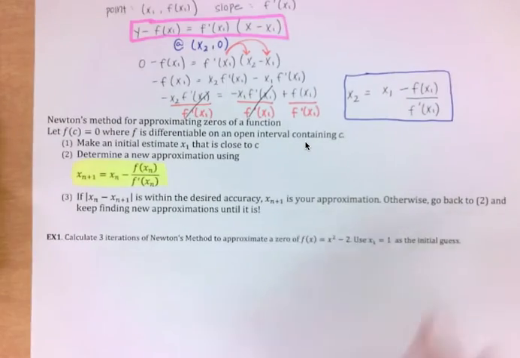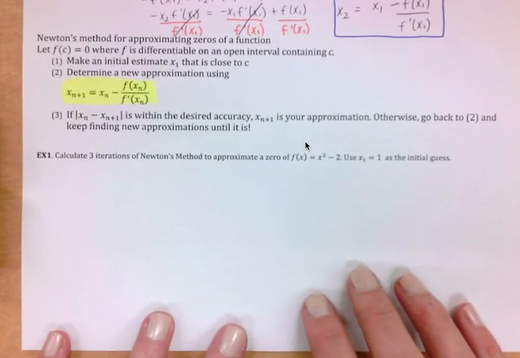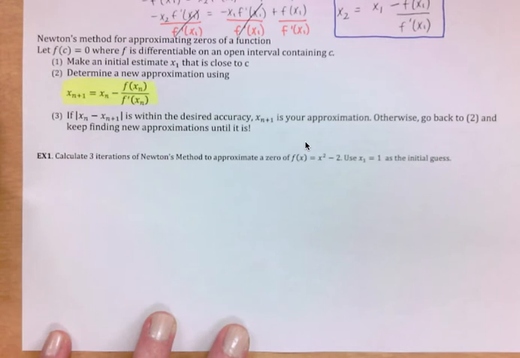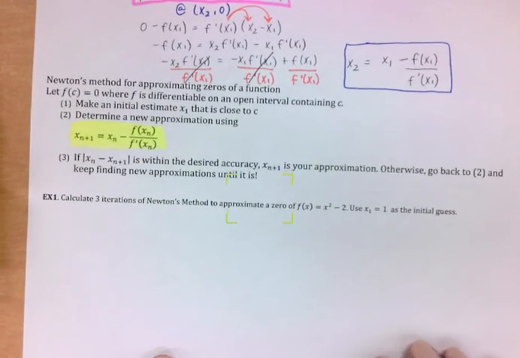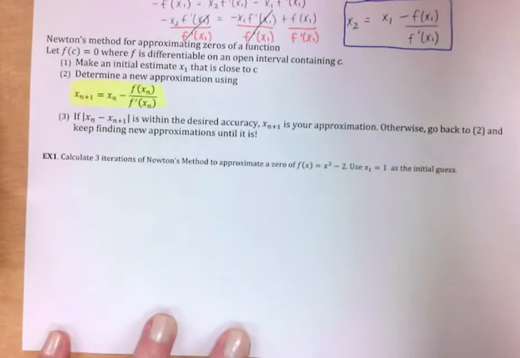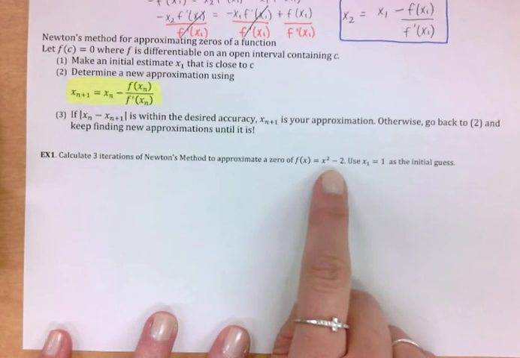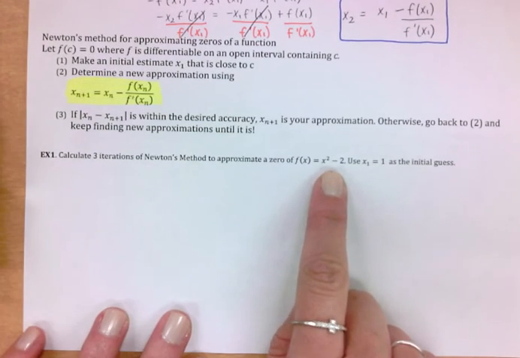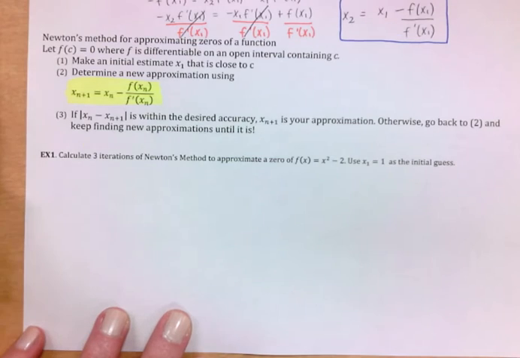Okay, so let's do this first example. We're going to use Newton's method to approximate a 0. For this one, we do know how to find this using our algebra method, so I want us to see that we can use Newton's method and we actually get the 0 that we know is true.